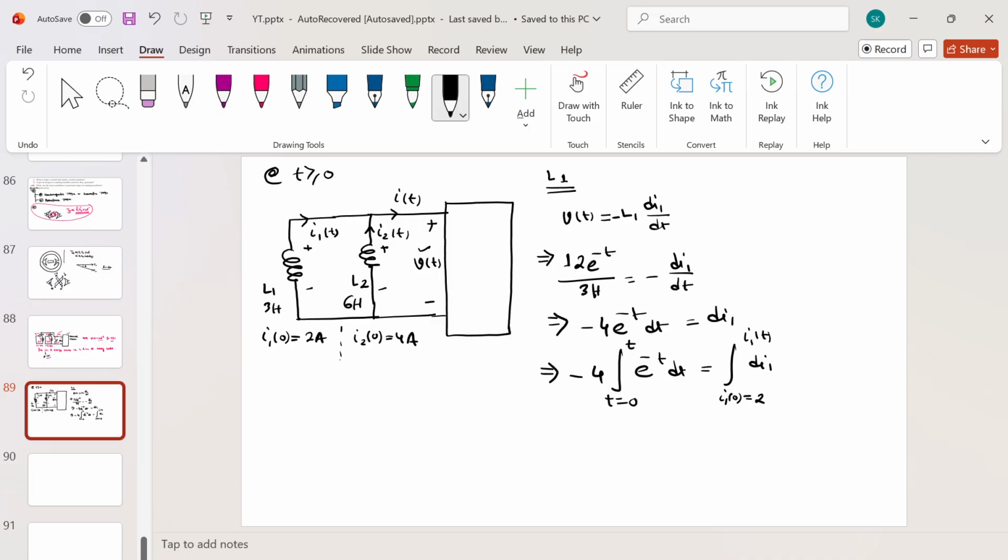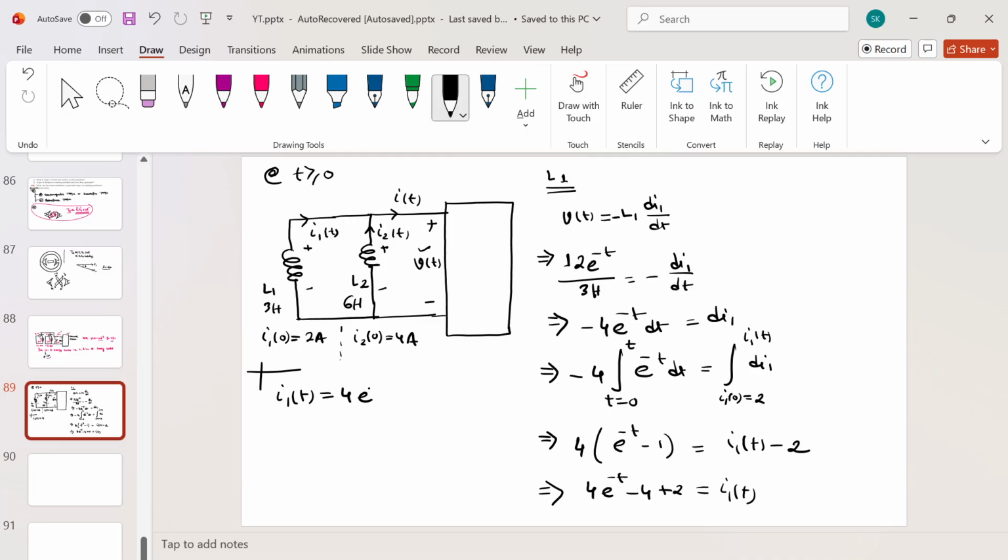So this is how you have to put the limits, and if you solve the integration, you will get e to the minus t minus 1 is equal to I1 of t minus 2. So 4 e to the power minus t minus 4 plus 2 is equal to I1 of t. Now I1 of t is simply 4 e to the power minus t minus 2, right?